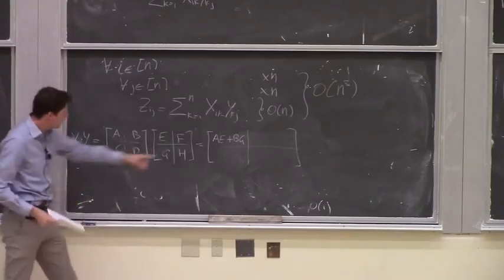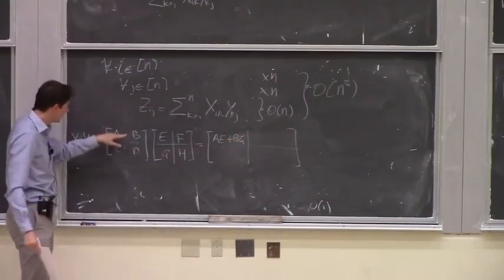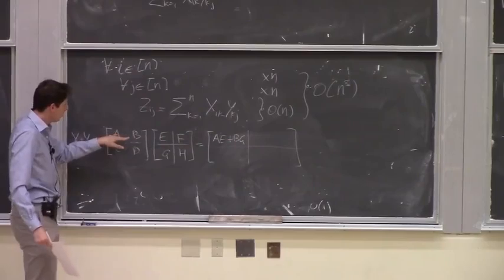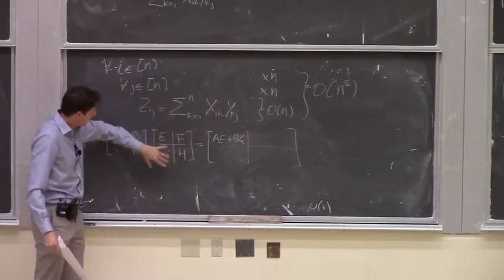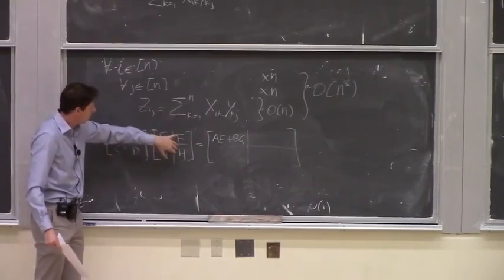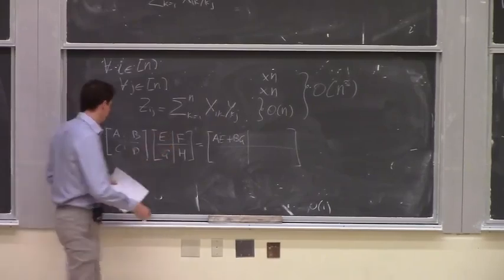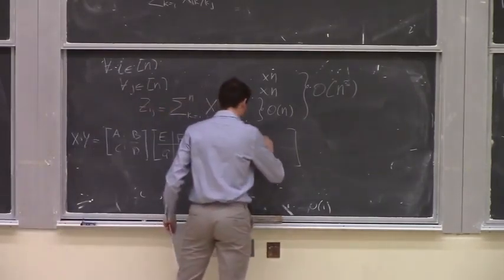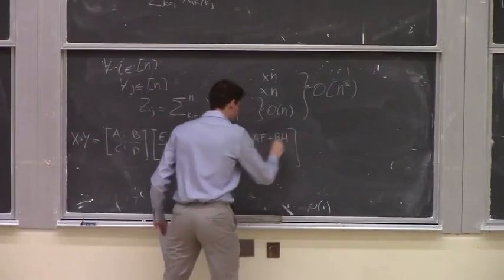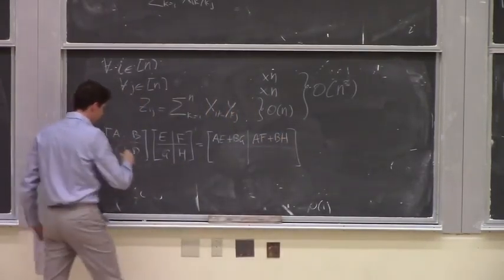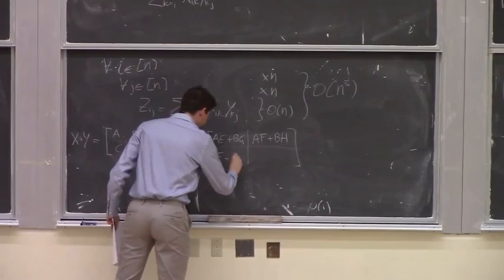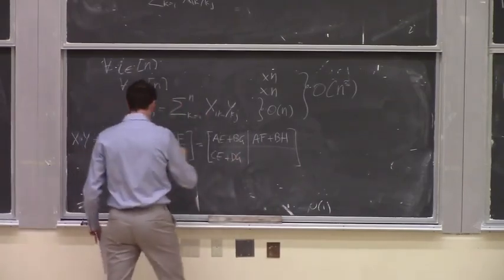Right? And then if I want this entry here, it would be the first block row times the second block column here, right? So it's AF plus BH. Right? And I continue this way, so CE plus DG. OK? And CF plus DH.